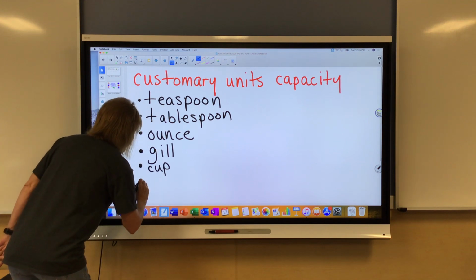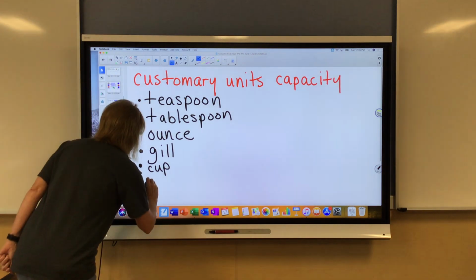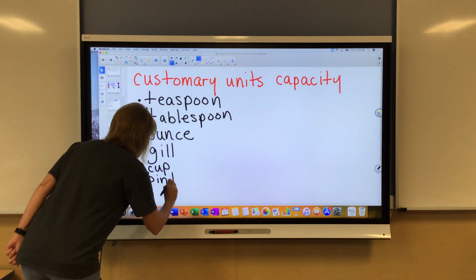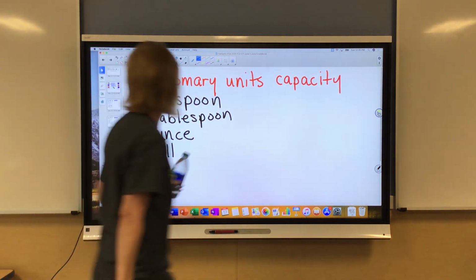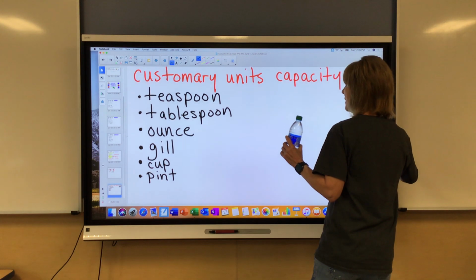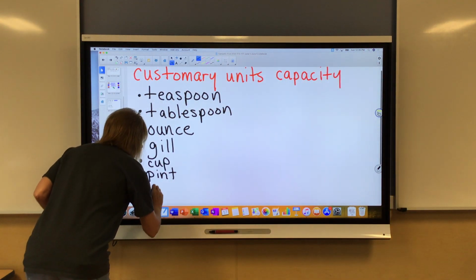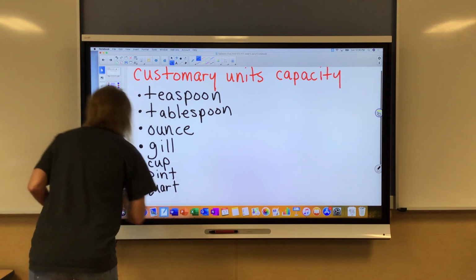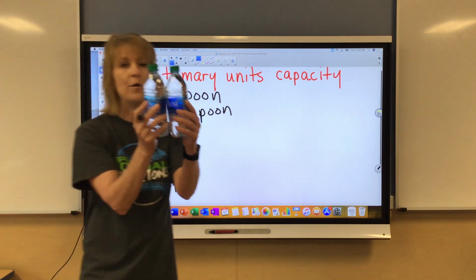Cup. Cup's one of Jonathan's little water bottles. Pint. That's one of Miss Shep's water bottles. About. I didn't leave enough room, guys. Sorry. Quart. That's about 2 of Miss Shep's water bottles.